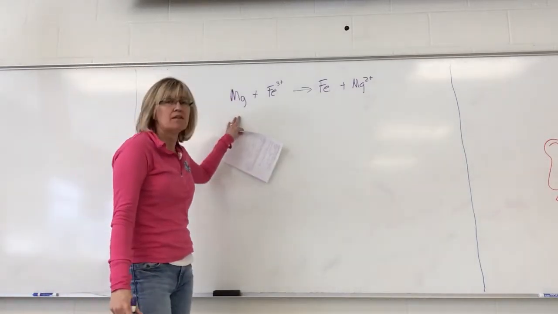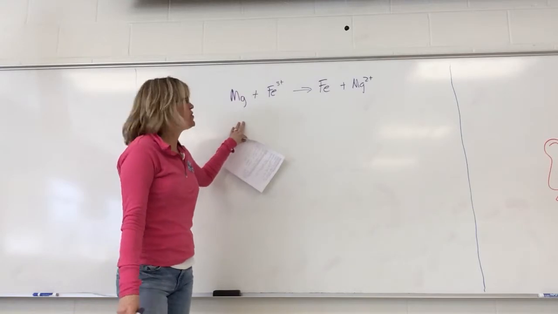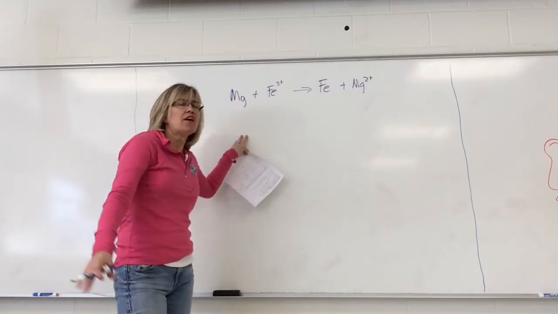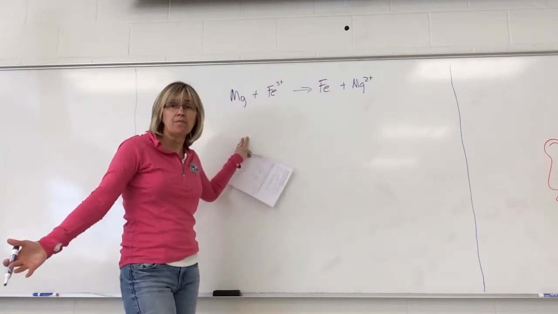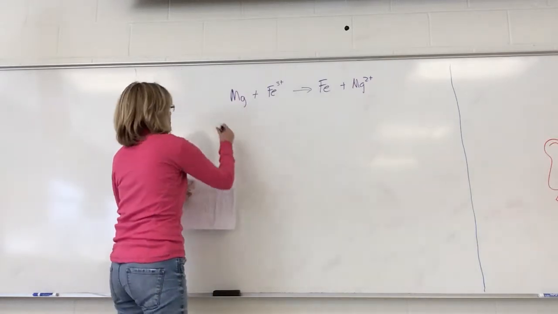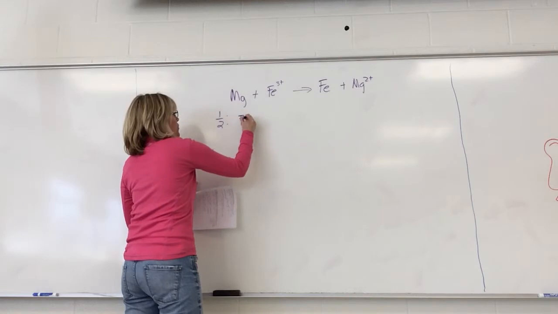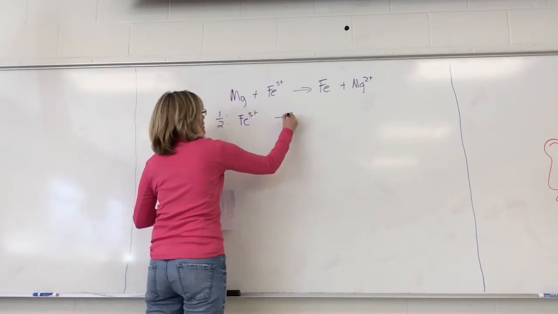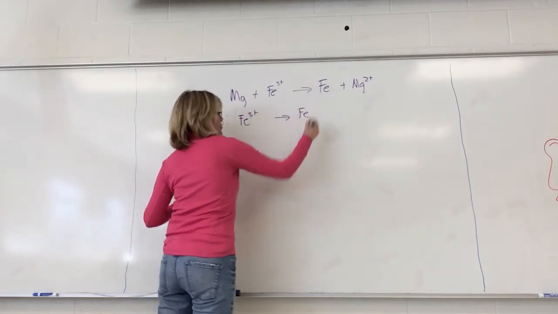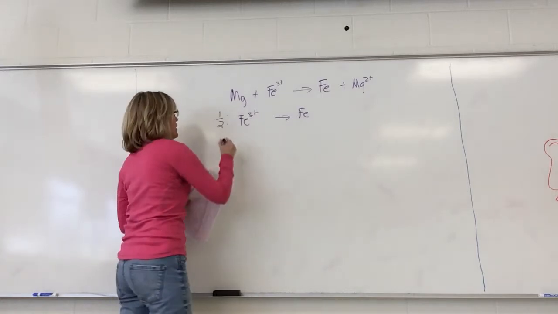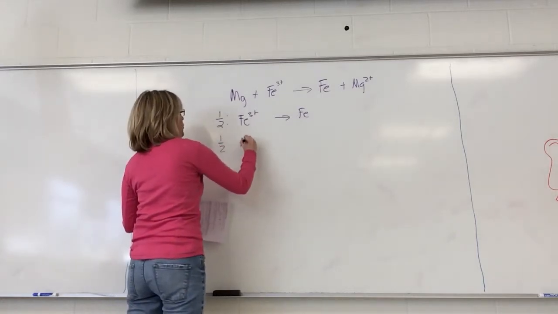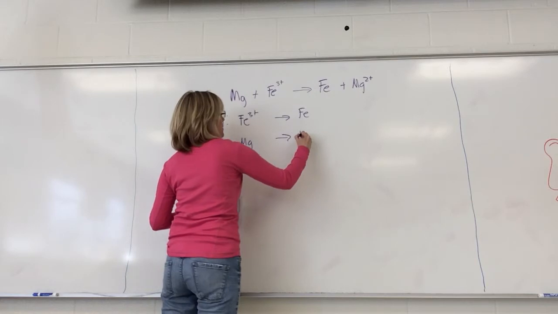So when we have the unbalanced net ionic equation, and let's say for some reason you couldn't figure this out, you look at the half reactions and you say, well, iron went from a +3 to neutral, its elemental state. Magnesium went from neutral to a +2.